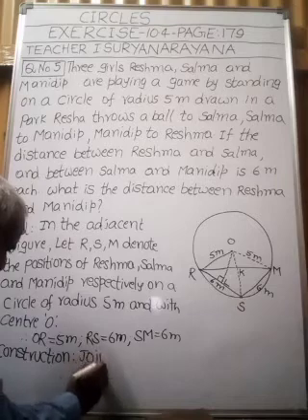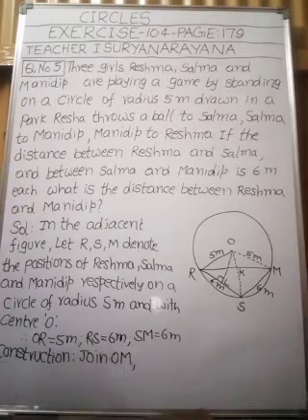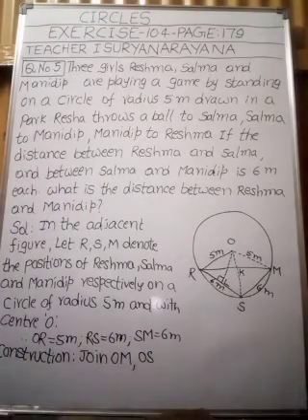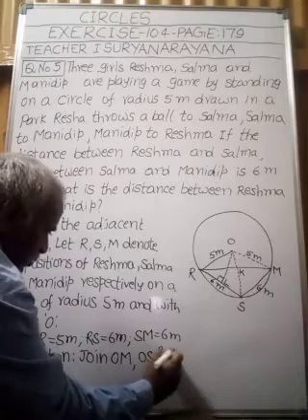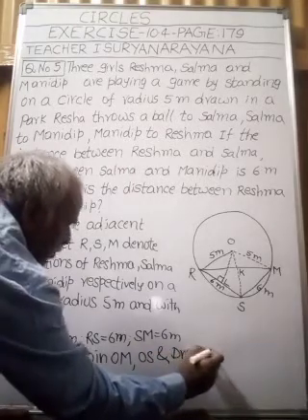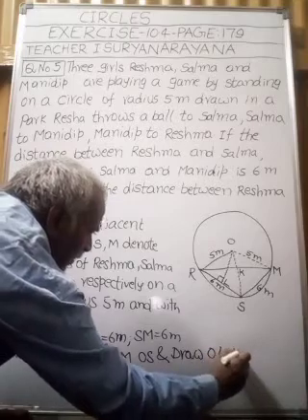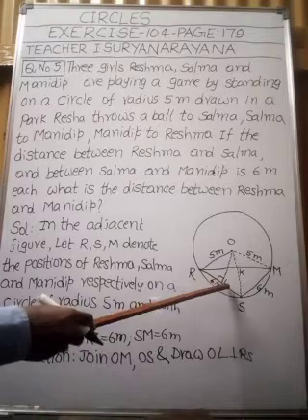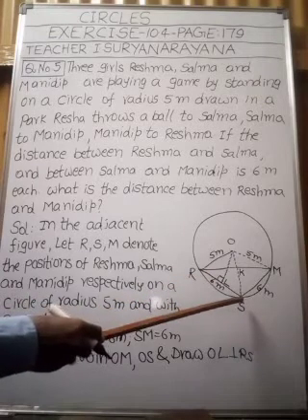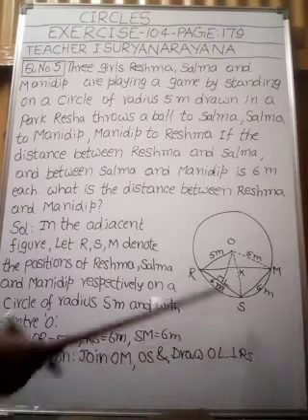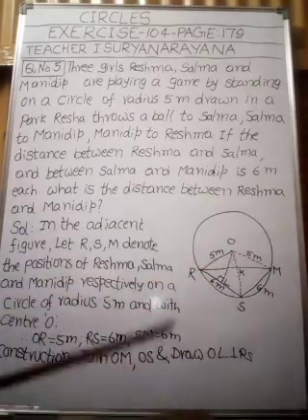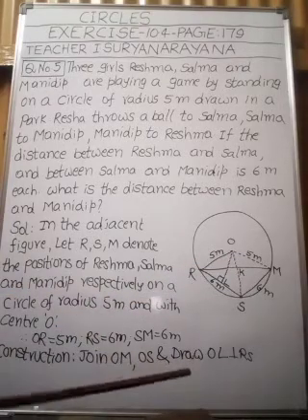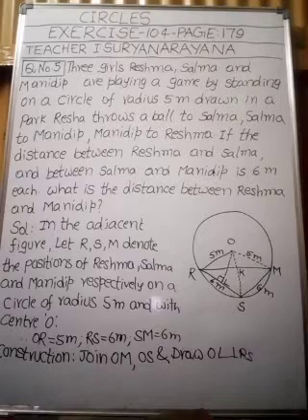Join OM, OS, and draw OL perpendicular to RS. Understood this step, my children? To find the length of the line segment RM, we are making this construction. Understood this point, my children?